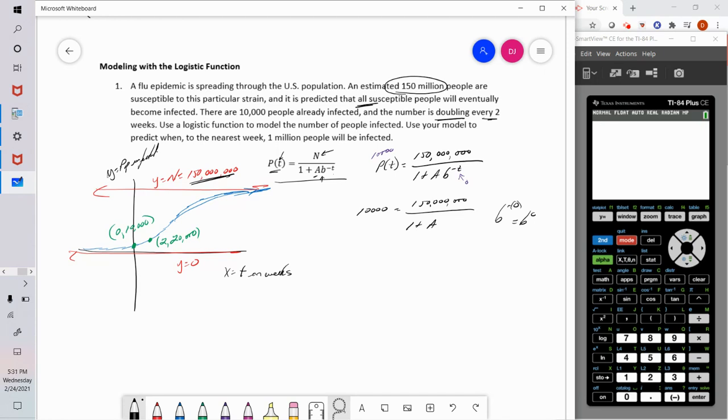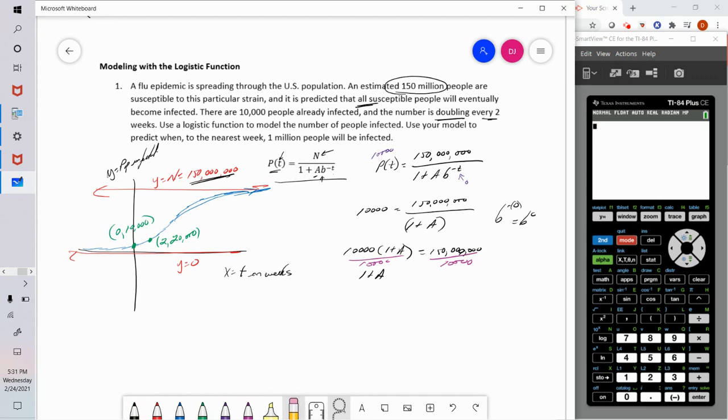Okay, so now if I'm going to solve this, we multiply both sides by the 1 plus a. So I've got 10,000 times 1 plus a equals 150 million. So for 1 plus a, I'm going to divide by the 10,000.